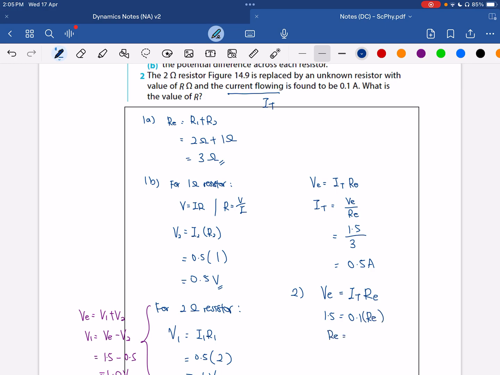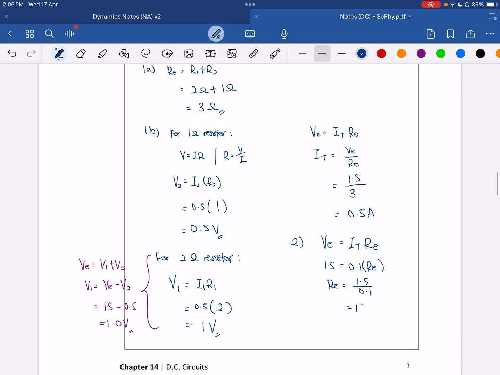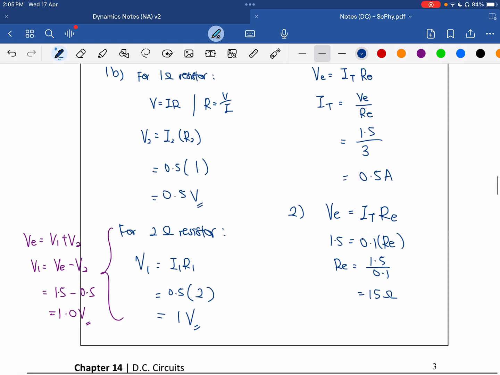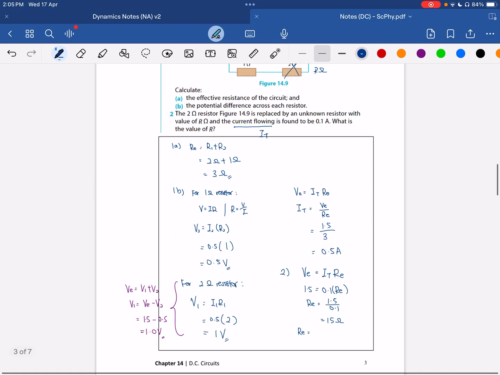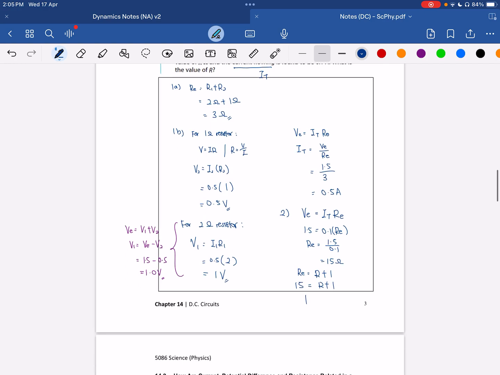So RE equals 1.5 divided by 0.1, that gives me 15 ohm. Since RE equals the new R plus 1, 15 equals R plus 1, so R will just equal 14 ohm.